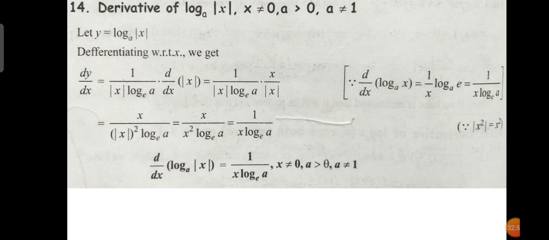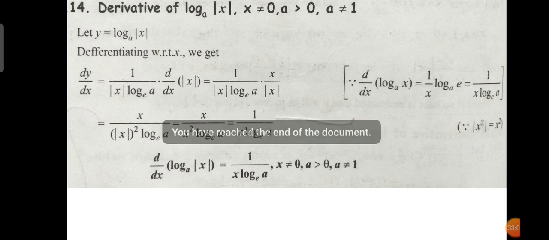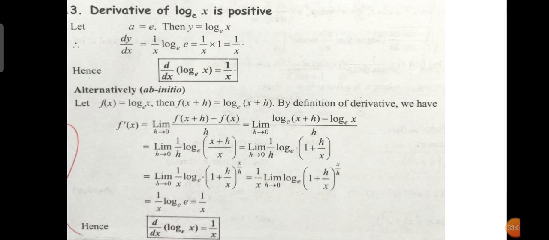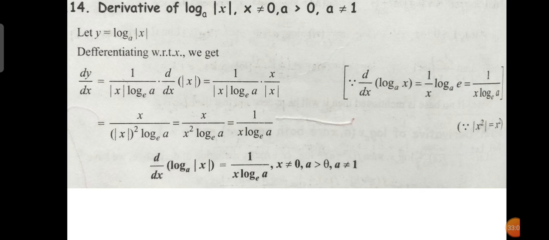It is not important to read the e. These are the derivative functions of the logarithmic function and the exponential function. These are the main functions which are to be studied.